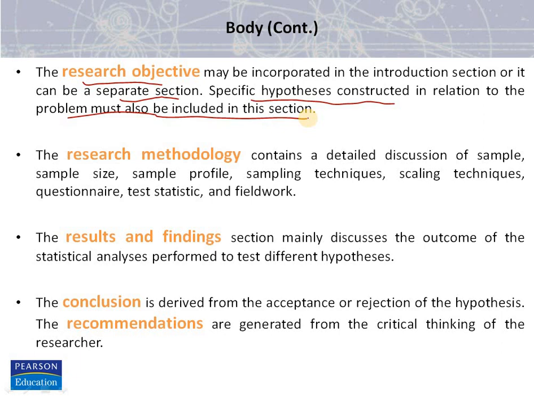Through those gaps, research problems will be framed. On the basis of research problems, there will be research objectives. On the basis of research objectives, there will be specific hypotheses. So between the introduction or background study and the research objective, there is a lot of work to be done.